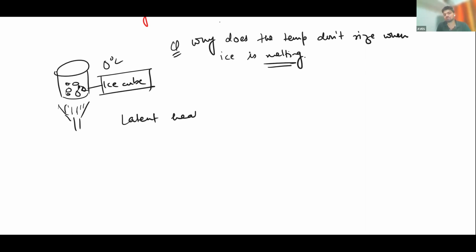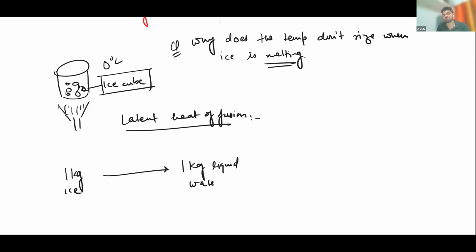Latent heat of fusion is the amount of heat. For example, you take 1 kg of ice and convert it into 1 kg of liquid water.